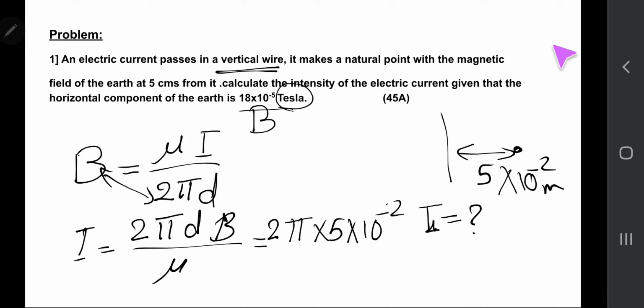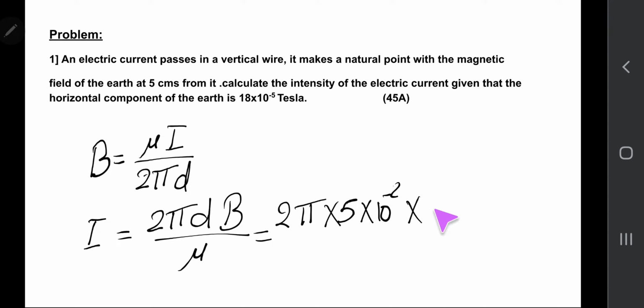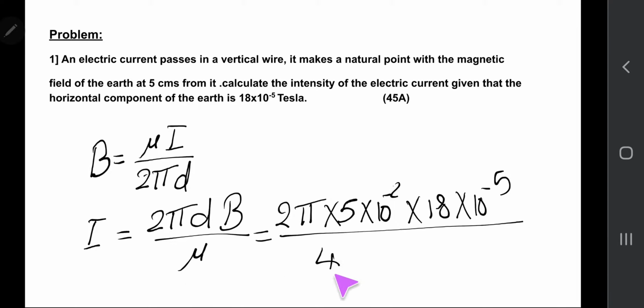Times B, 18 times 10 to the power negative 5, over mu. Guys, for current in air, it didn't say under water or anything, so take the permeability of air, mu of air, which is 4 pi times 10 to the power negative 7. It equals 45 ampere.